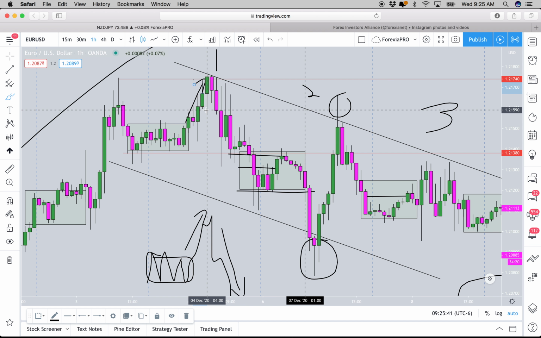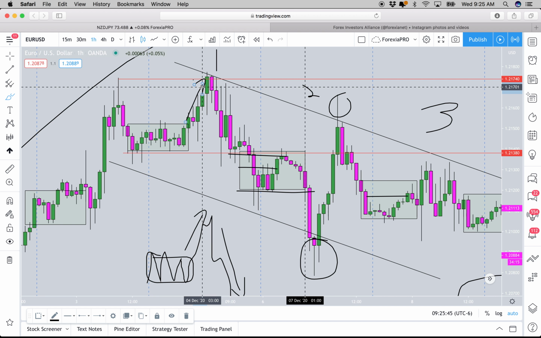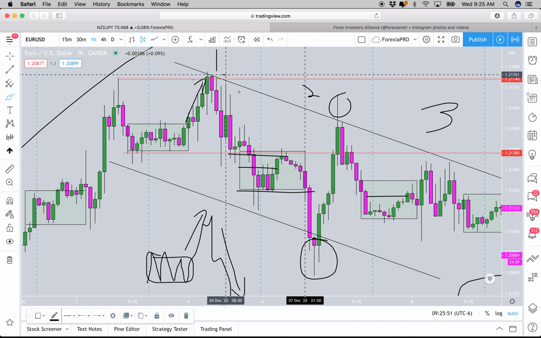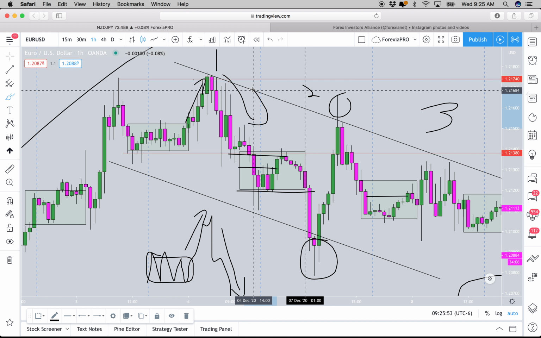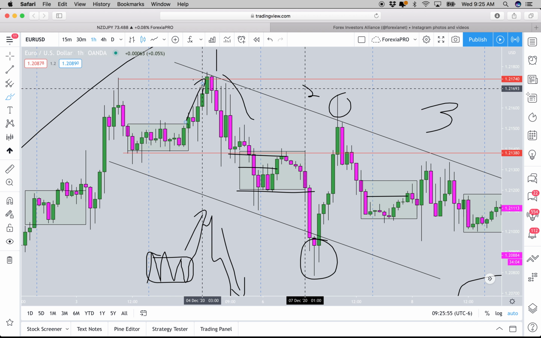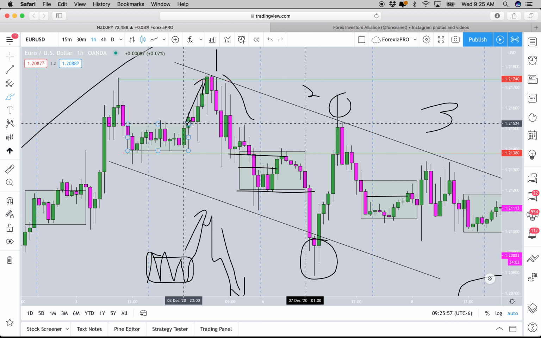It's the induction, in order for the big banks to generate the liquidity needed to fill their positions and make the real move.